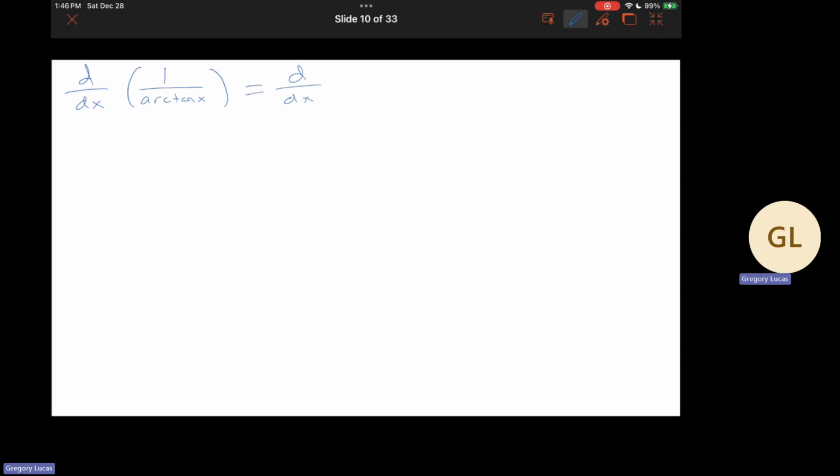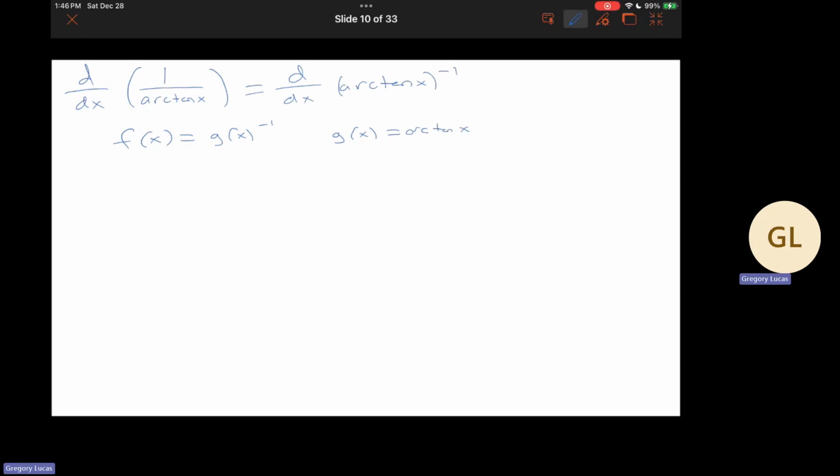Remember, this is the same thing as arctan x, but let's put the whole thing in parentheses and write it to the minus 1. Okay, and then again, we're going to be able to use our chain rule. So we're going to use almost this same derivative twice here. So I can pick, remember when we have powers, we always do g of x to the minus 1, and then g of x is arctan.